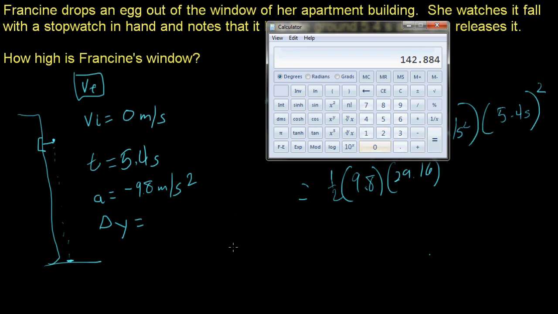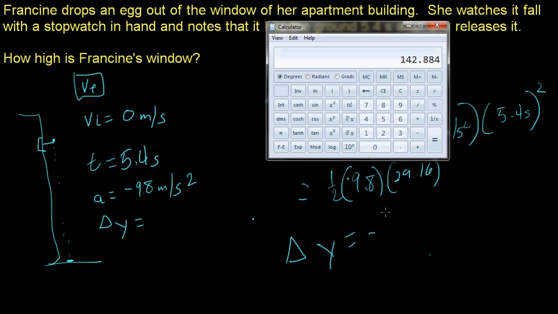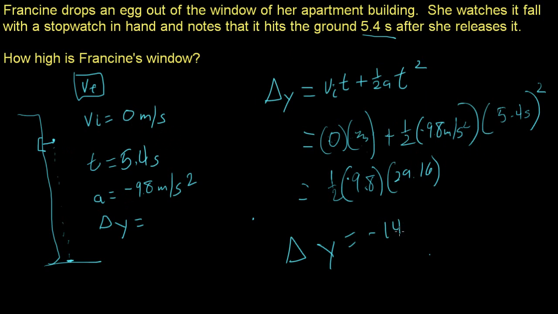So 142.88. But notice this was negative, so we actually are going to end up with a negative, what was that? I already forgot. 142.88 meters, because meters per second squared times seconds squared, the seconds squared cancel, so we get meters. Why do we get a negative distance?